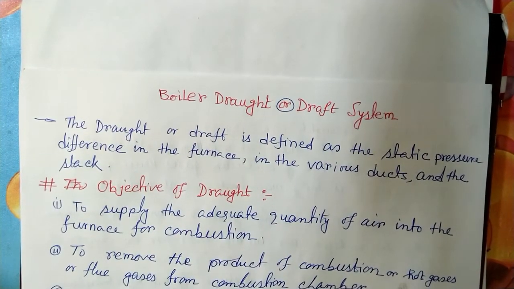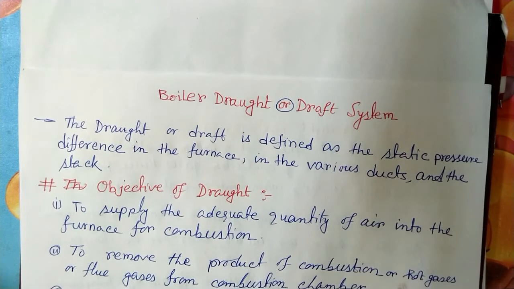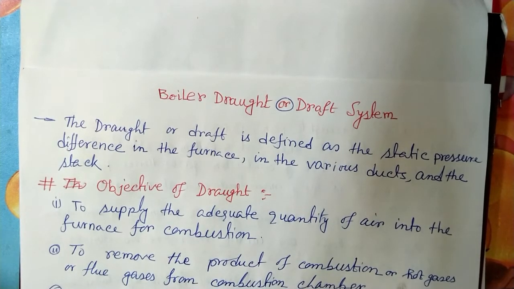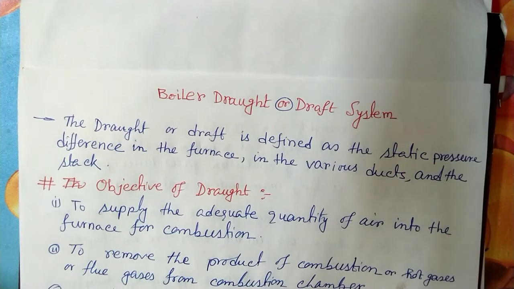So basically we know that for generating the steam there is a heat transfer from the high temperature flue gases. For generating those flue gases there is a combustion of fuel. For combustion of the fuel we need some air, and after combustion the products of combustion should be removed from the boiler through the chimney.